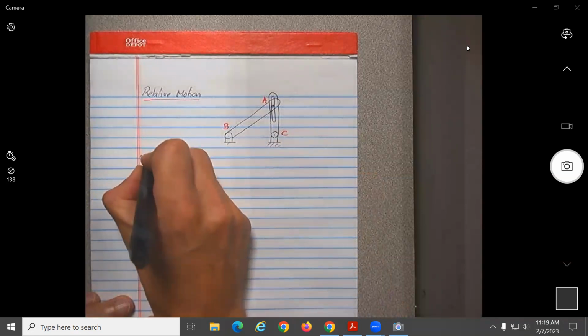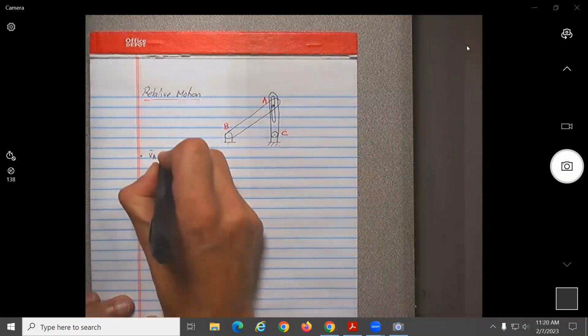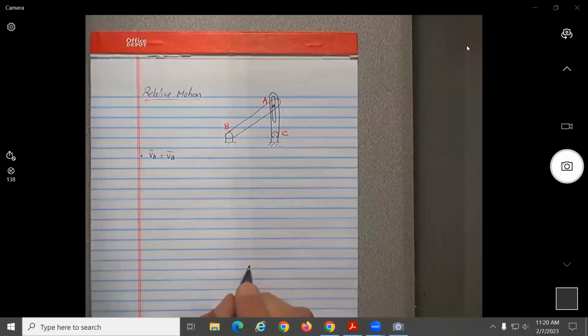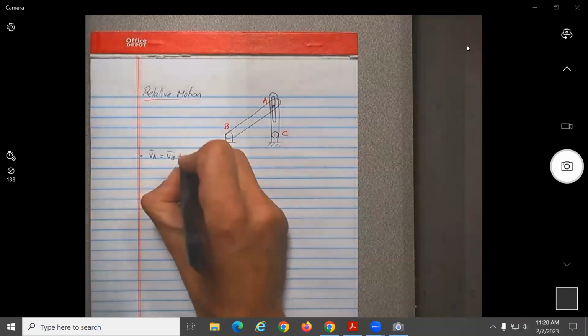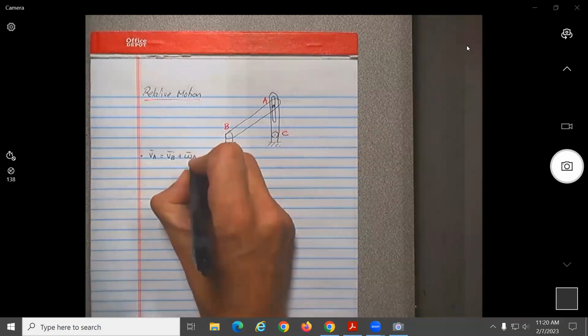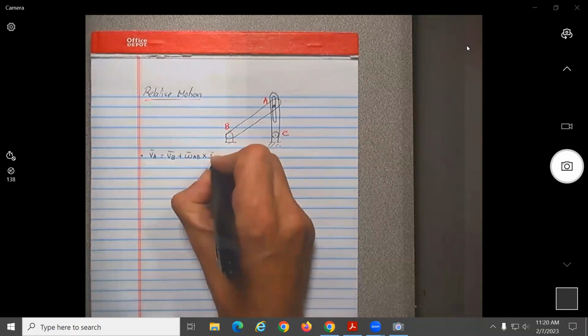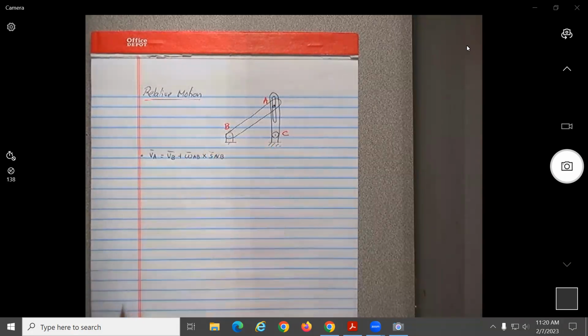Let's first find the velocity of A from point B. So this would be equal to what? VB plus omega of the bar AB cross S of A with respect to B. VB is 0, correct.